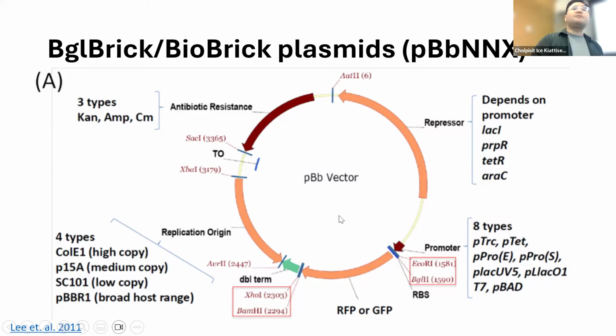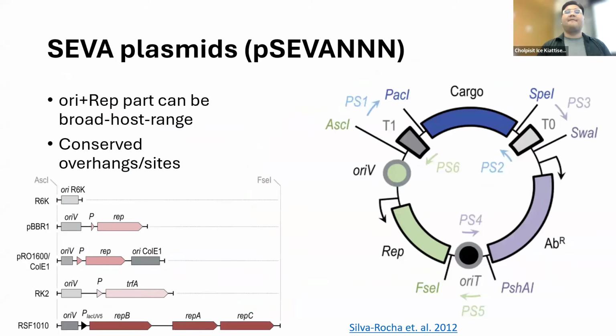So we have been using these plasmids since we started the lab. I believe we have some of these pBB vectors that we keep dealing with. But after the years, another system that I've found to be much more systematic, because it's geared much more toward multi-organism work, is called SEVA, or Standard European Vector Architecture, where they have more defined enzyme cut sites around here.